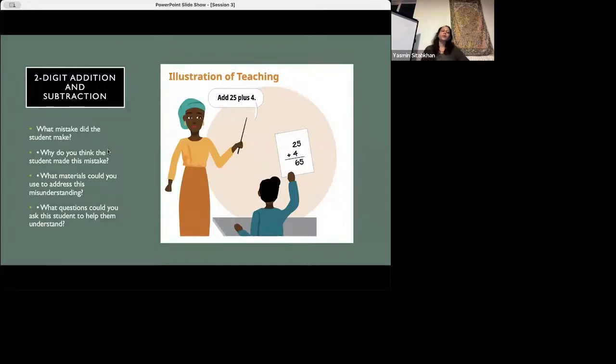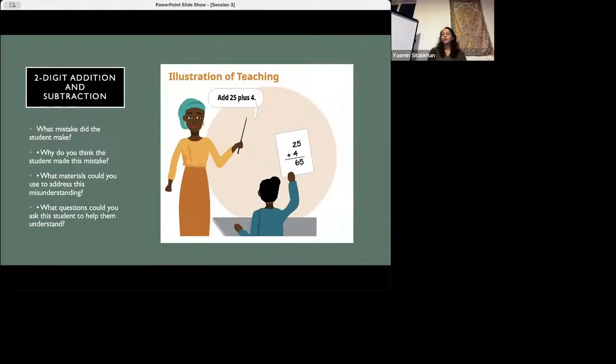What would you do if you were this child's teacher? Or what questions could you ask this student to help them understand? I see some comments. Yes, place value, wrong alignment of digits. Yep, exactly. You all got it.